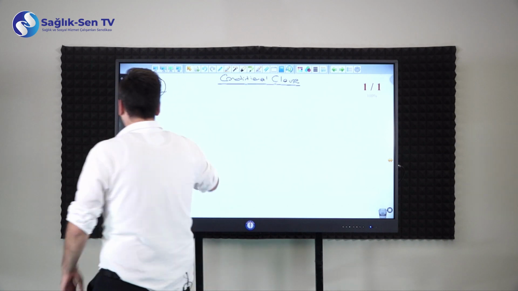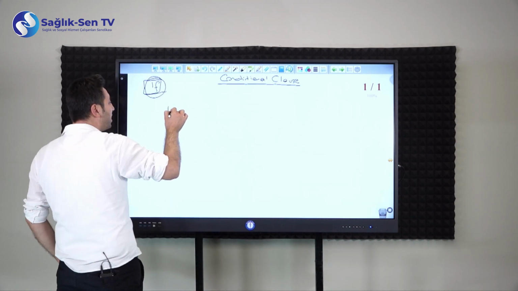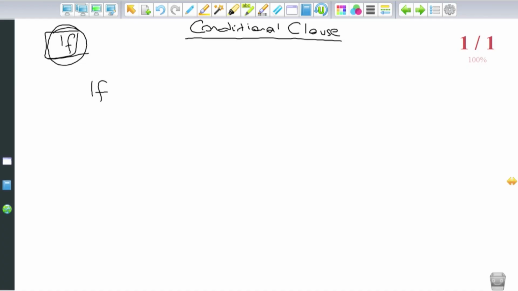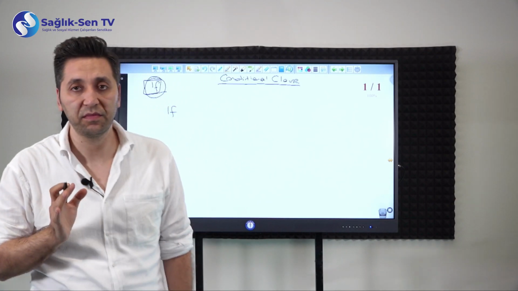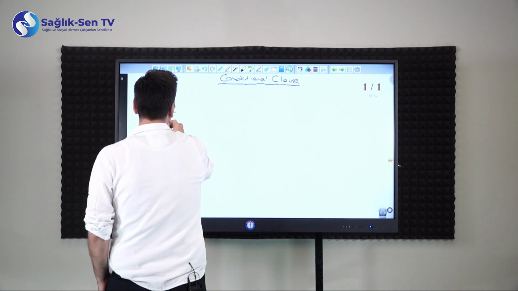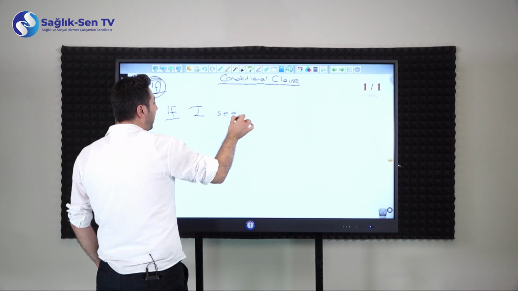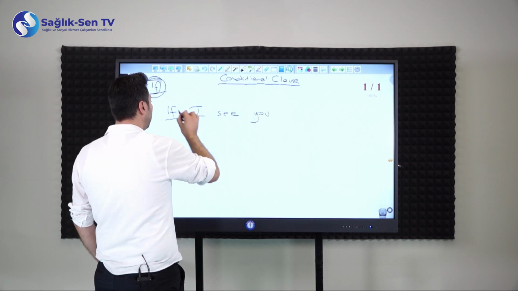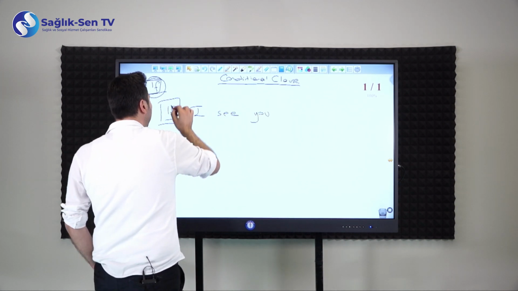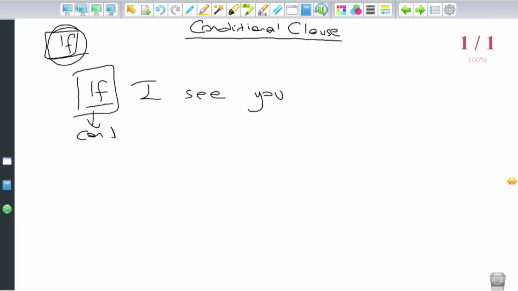As I said before, the conjunction gives its meaning to the sentence that I use after it. For example, I use if, and if I say you, it's my condition, and to give the meaning of condition, I use if in the beginning of a sentence. And if gives its meaning to that sentence.